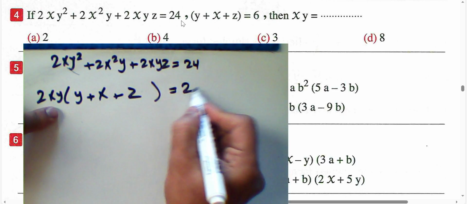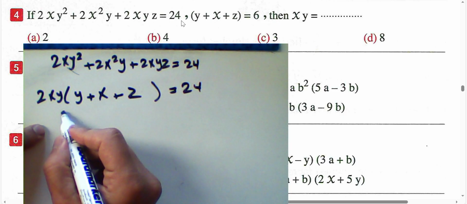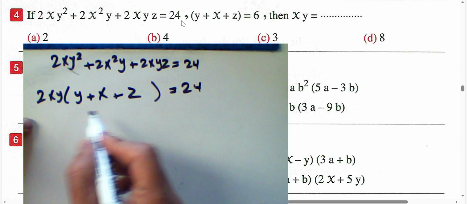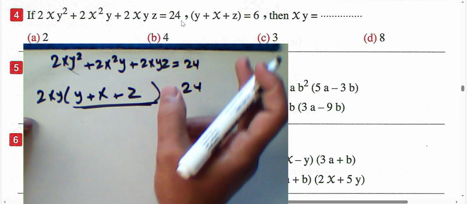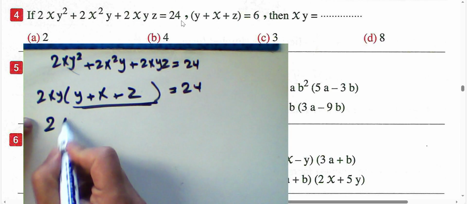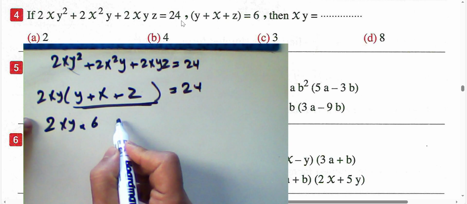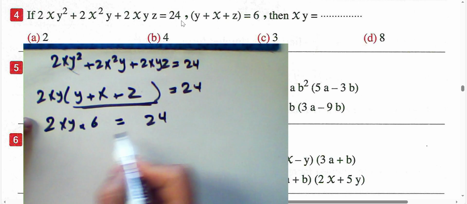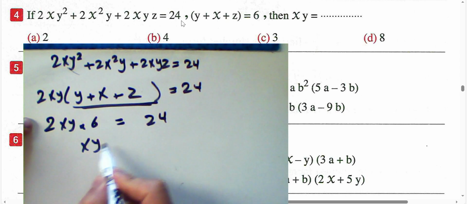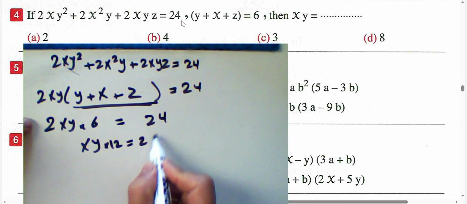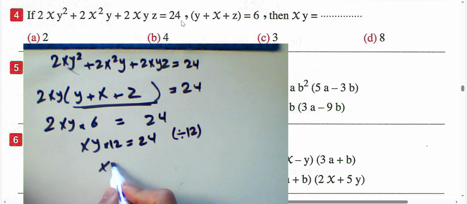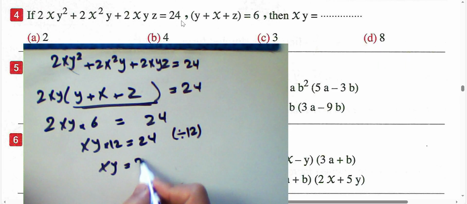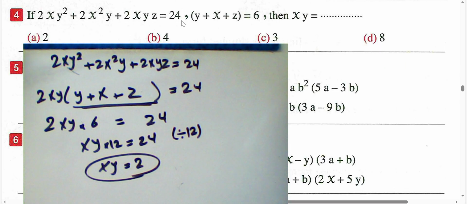Then the product between them equals 24. Then 2xy times this expression, he gave me the answer in this question. The value is 6. Then 2xy times 6 equals 24. 2 times 6 is 12. Then xy times 12 is 24. We can divide by 12. Then xy equals 24 divided by 12 equals 2. Then xy equals 2.